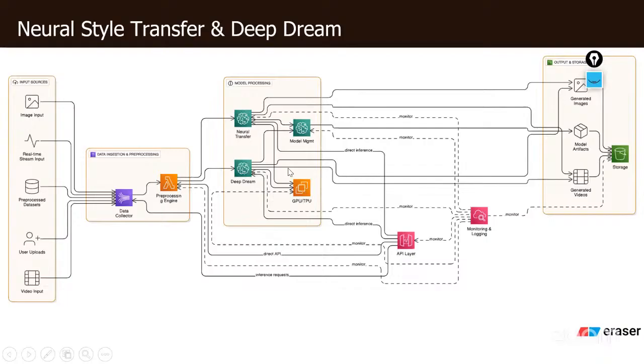Now, what are the use cases of this Deep Dream? Security researchers have used Deep Dream to reveal backdoors in vision models. Designers use it to generate concepts like art and textures. For all these purposes, we can use this Deep Dream model.